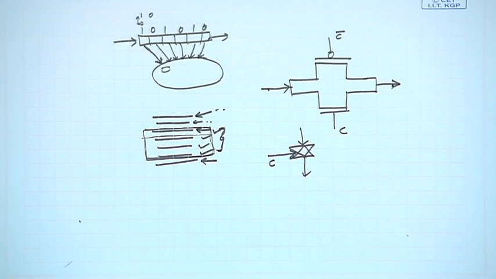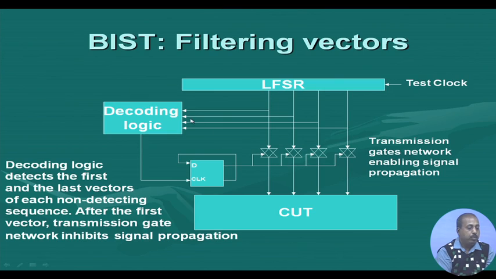So, the transmission gate network is there. Now, this decoding logic is designed in such a fashion that it will detect the first and the last vectors of each non-detecting sequence. After the first vector, the transmission gate network inhibits the signal propagation. Initially this flip flop is set to 1.